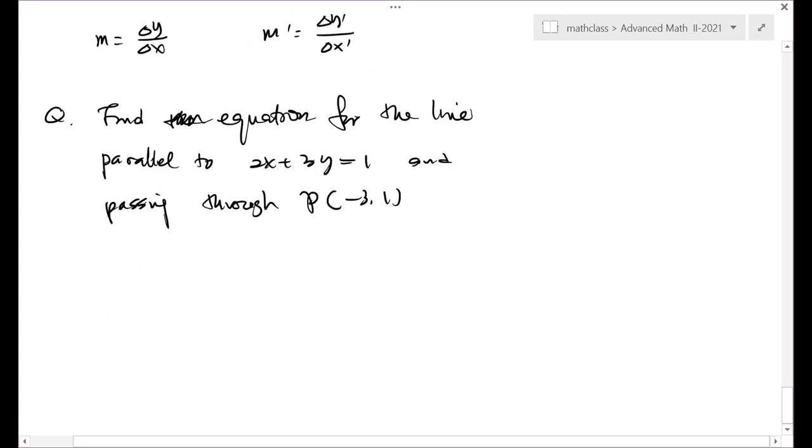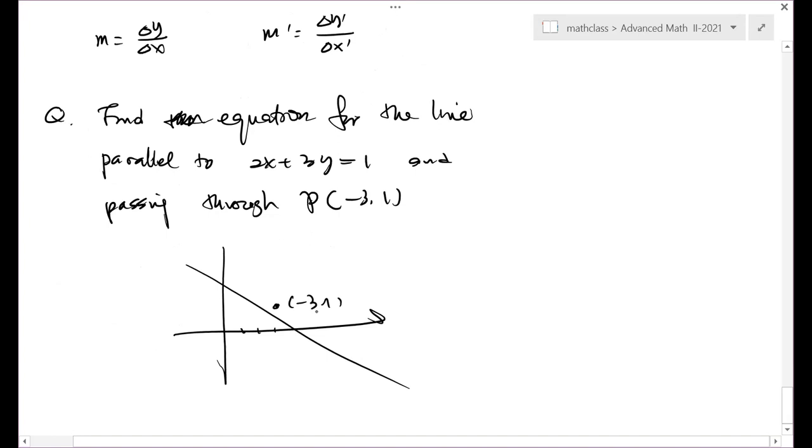All right, so let's draw the picture. The line 2x plus 3y equals 1 probably looks something like that. That's just a sketch. So -3 and 1, somewhere here. This is another point.